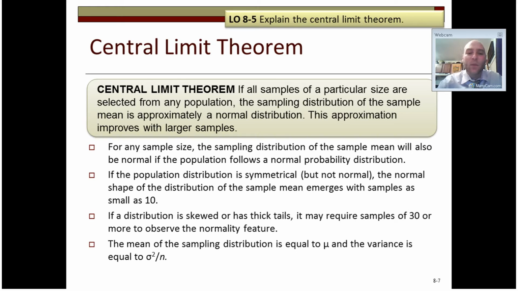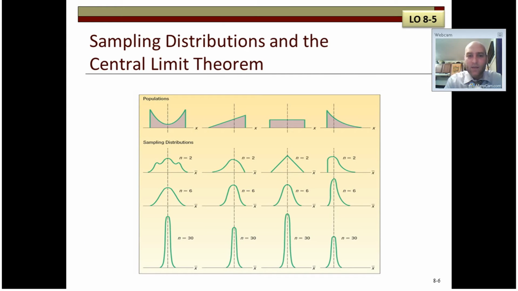What that last point means is that, for example, let's start with the mu aspect. If you take one of these distributions and you take a bunch of samples of the same size and you plot all of those means, well, the mean of that distribution composed of all those means equals the mean of the population. Sometimes people will say the mean of all means equals the mean.